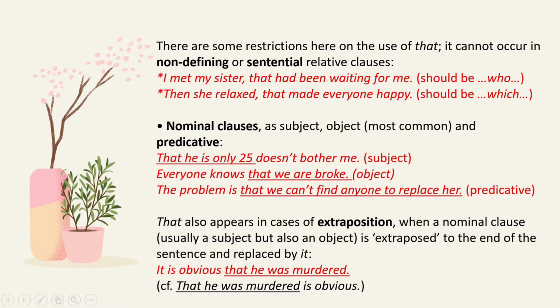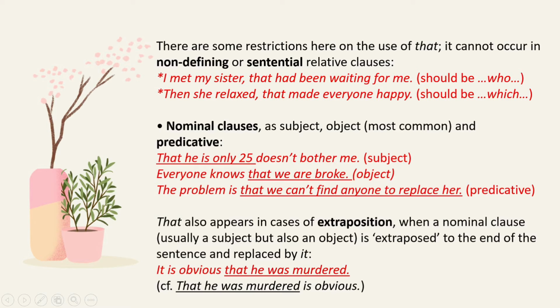Next, nominal clauses as subject, object, and predicative. For example, for subject, that he is only 25 doesn't bother me. The example of object, everyone knows that we are broke. And the last is the example for predicative.